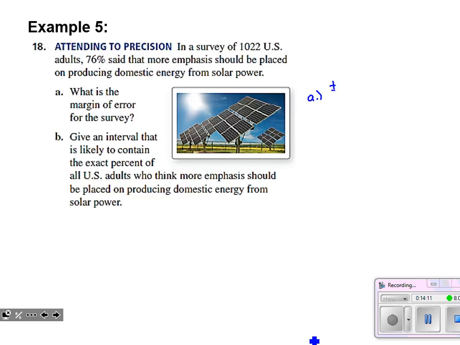Our margin of error is going to be plus or minus 1 over the square root of 1,022. And that gives me 0.0313 approximately. So our margin of error is plus or minus approximately 3.13%.